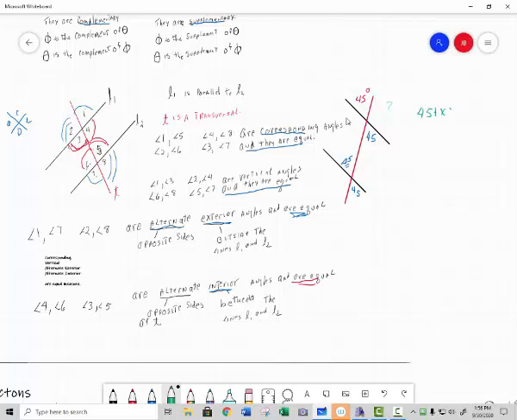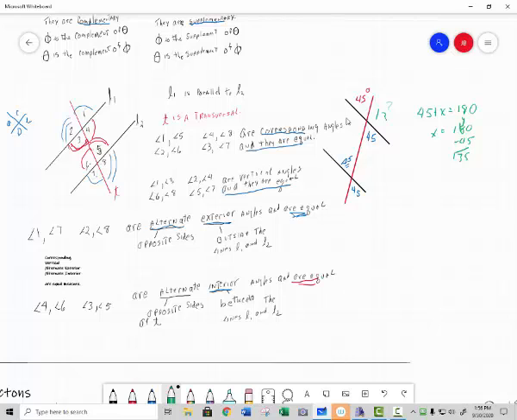So all I have to do to find this x is take 180 and subtract the 45. And when I do that, I should get 135 degrees. So I know now that this angle is 135 degrees.